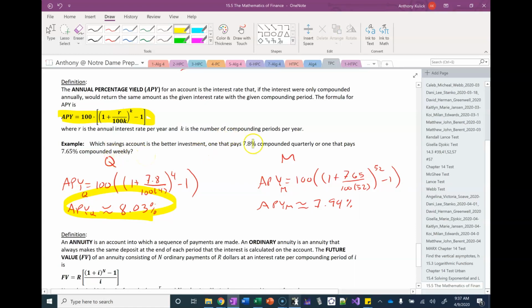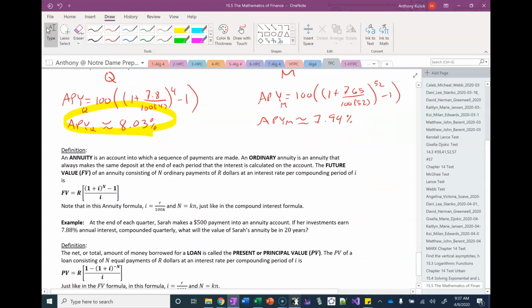My better investment is the 7.8% compounded quarterly. So that's a way to compare two different bank account offerings based on their interest rates and their compounding periods. You can compare them and determine which one is best.